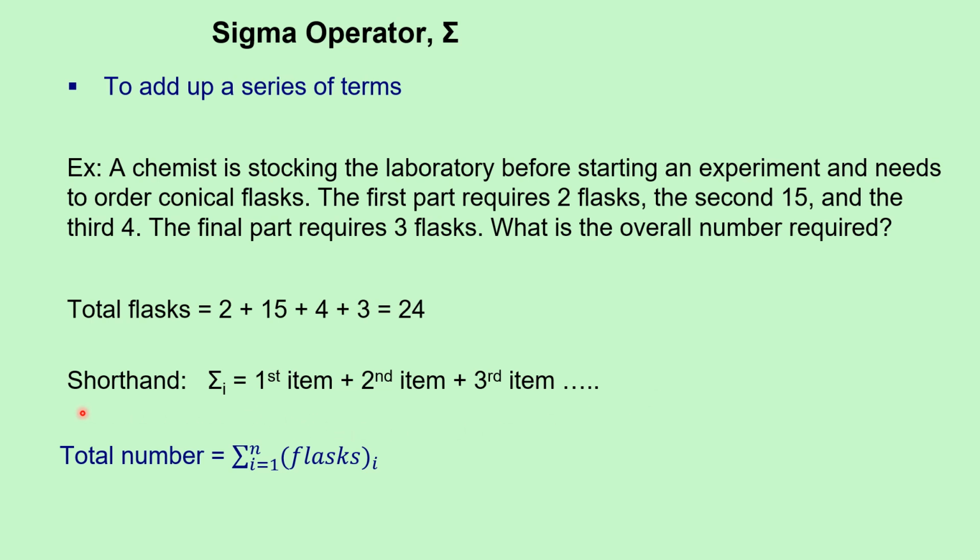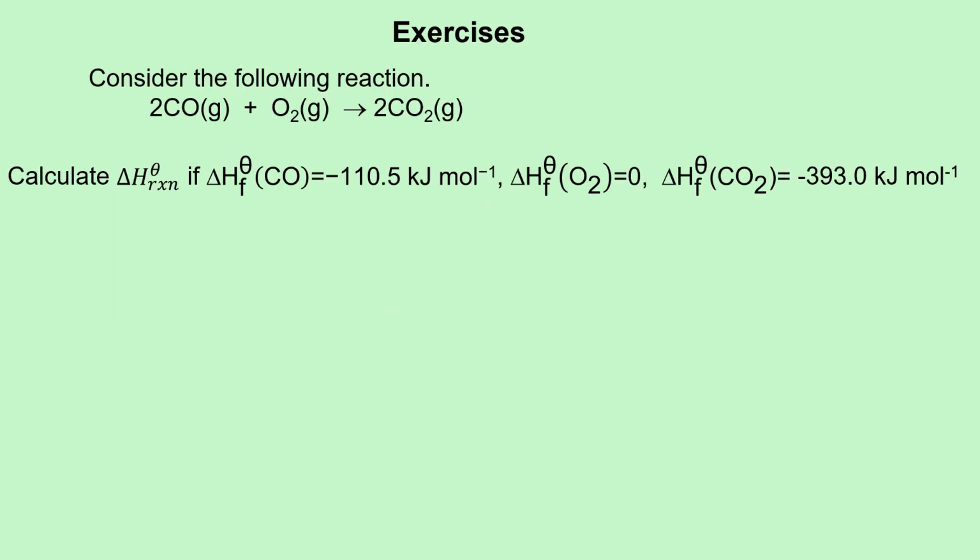And you can also write it like this: the total number of conical flasks is represented by the sigma notation with the starting point i equals 1 until n. And the operator for this total number is bracket flask. i shows the initial. In chemistry, normally we use the sigma operator in thermochemistry.